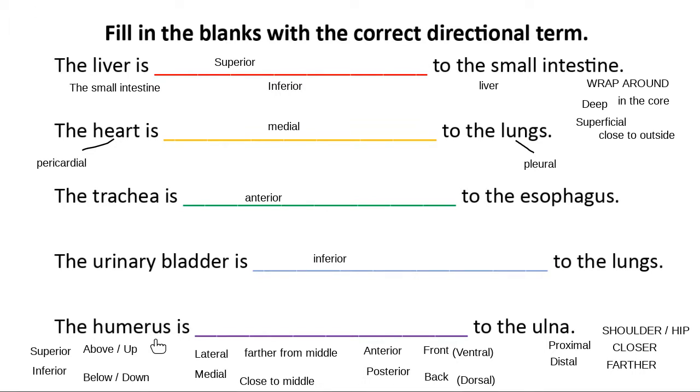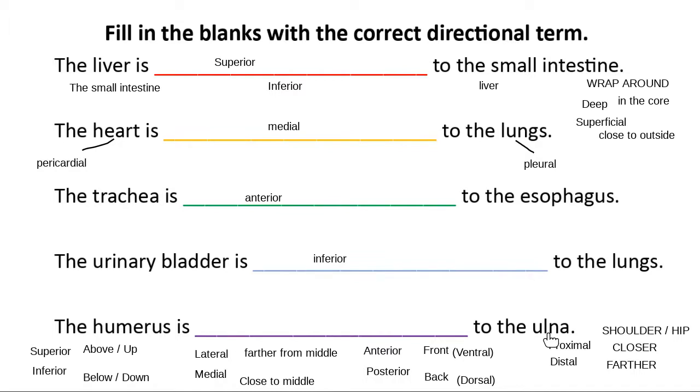My last statement here, we're comparing the humerus to the ulna. Now, anytime you read a bone question, the first thing I want you to think about is, are these two things on the same limb? So are these two arm bones or two leg bones?